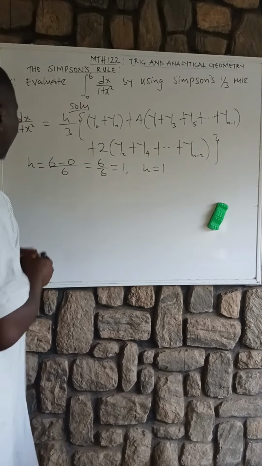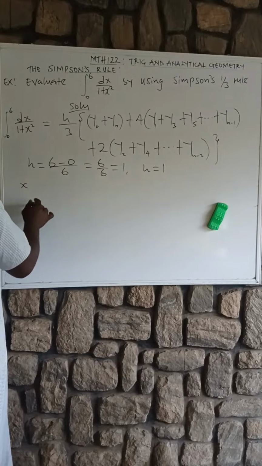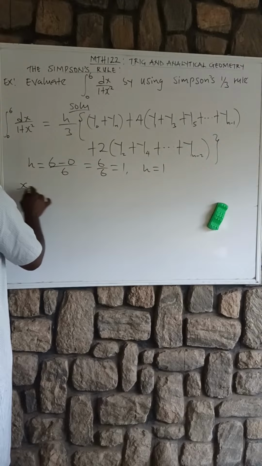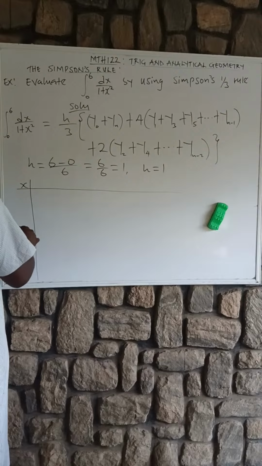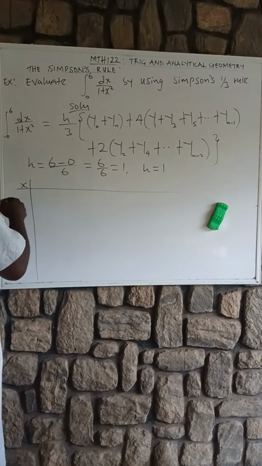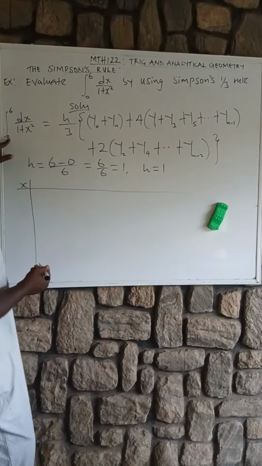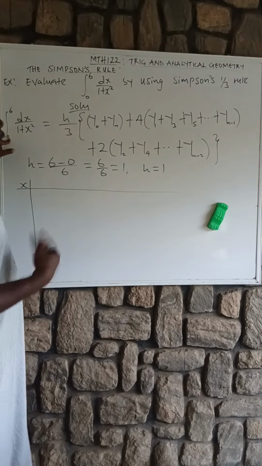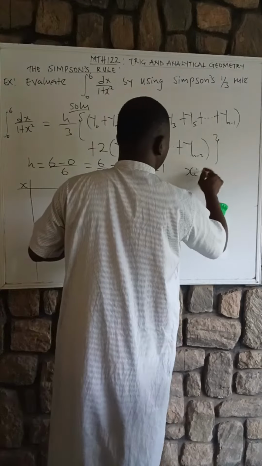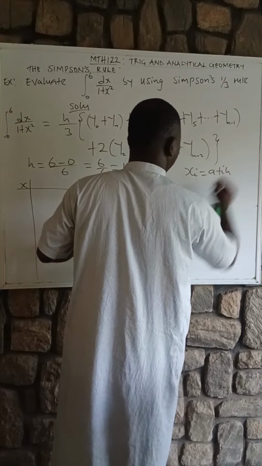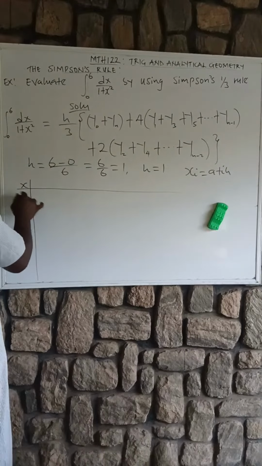Is that clear? So now the x, let us have x. What do I mean by the x? It is what I have, that is the interval. Our x naught, x1, x2, that is xi is equal to a plus ih. So our x is 0.